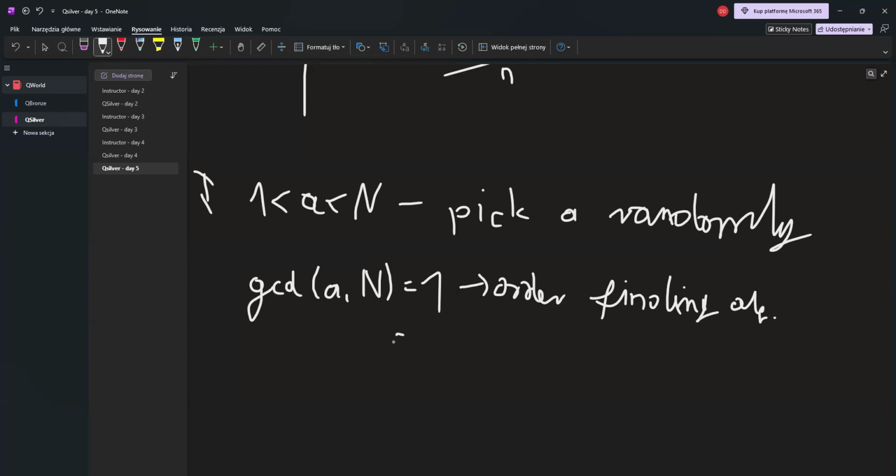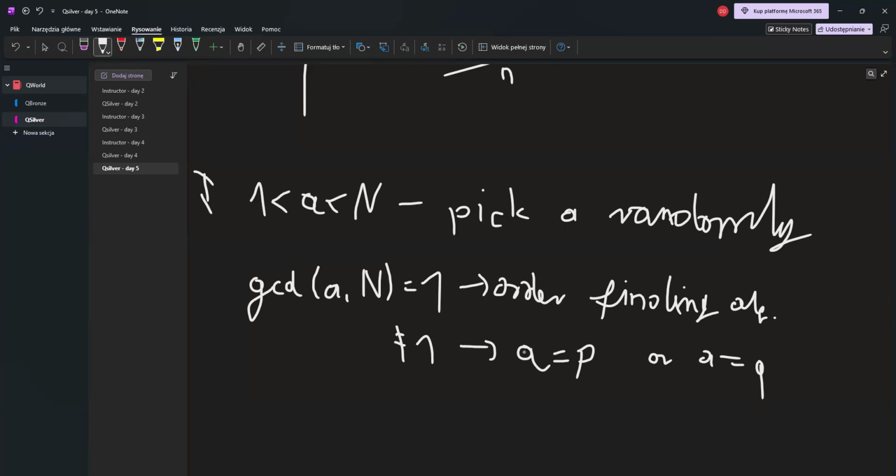But if it's not equal to 1, then it means that we accidentally guessed P or Q. Then it means that A is equal to P, or A is equal to Q.